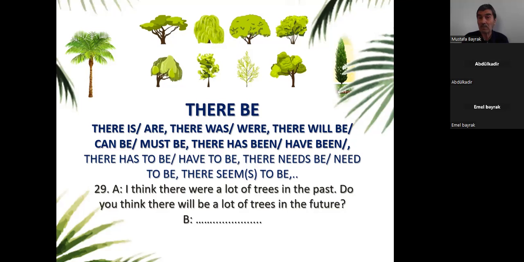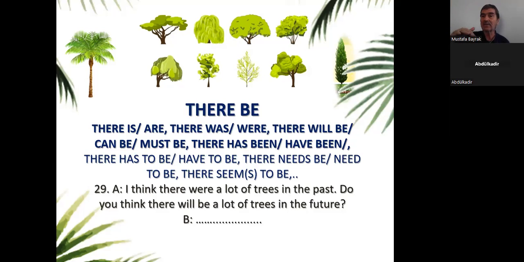There has been, there have been, there has to be clean air around us. Okay, there has to be clean air around us. There have to be birds. There have to be birds, trees, and clean environment around us.